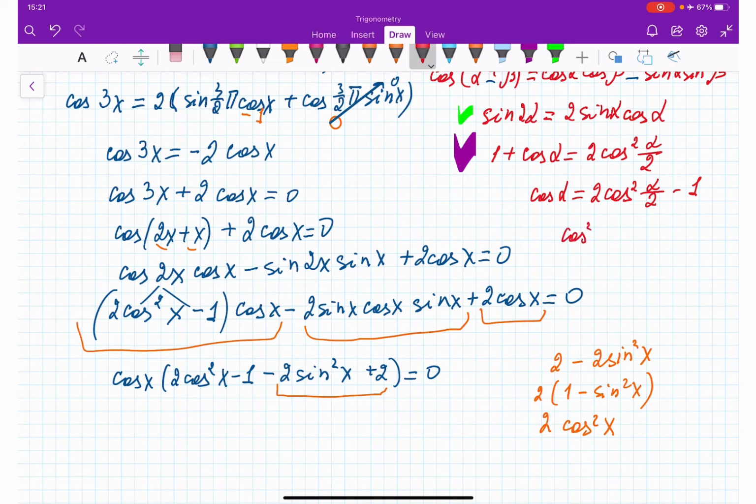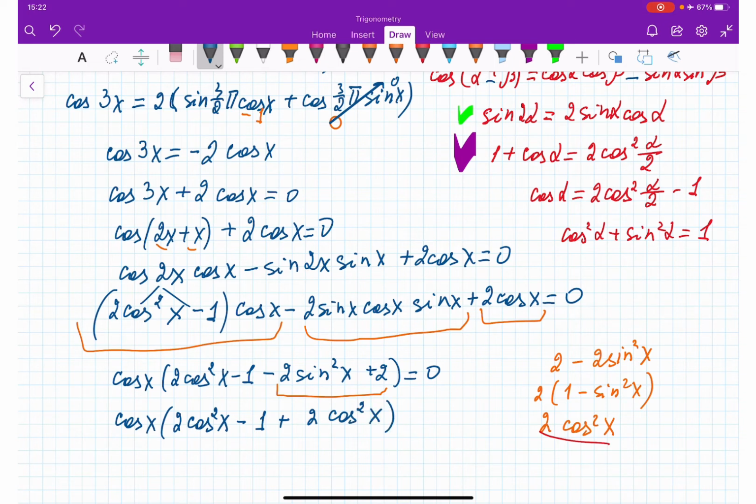Cosine square alpha plus sine square alpha is equal 1. Therefore, we are getting cosine x. And as a result, we have cosine x times 2 cosine square x minus 1 plus 2 cosine squared x.